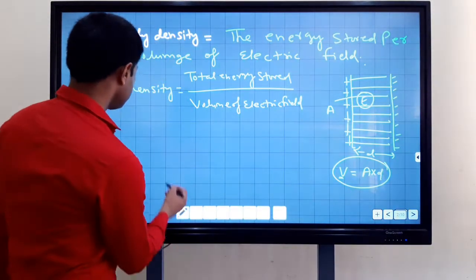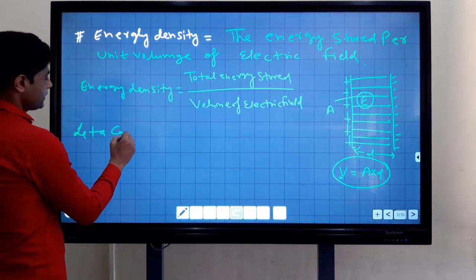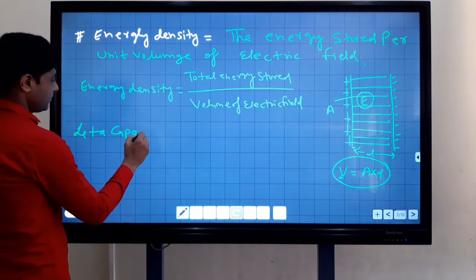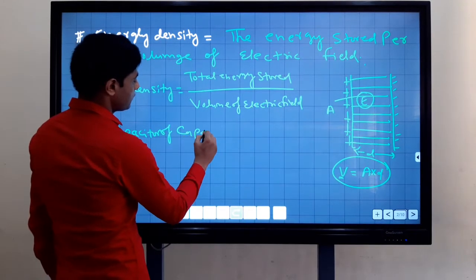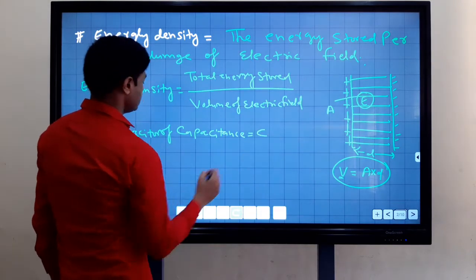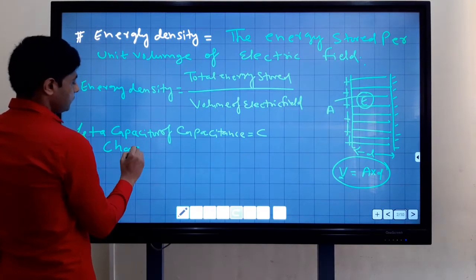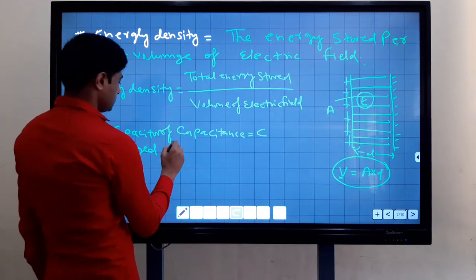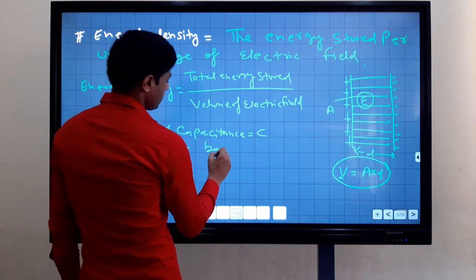Okay, so let a capacitor of capacitance C be charged by a battery.